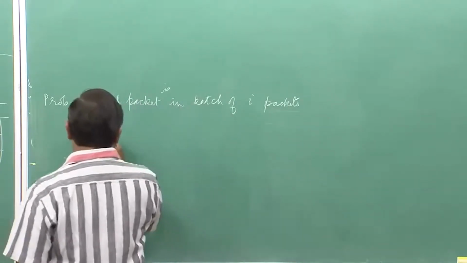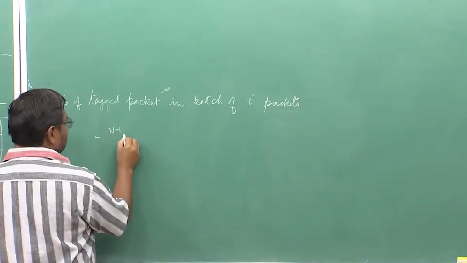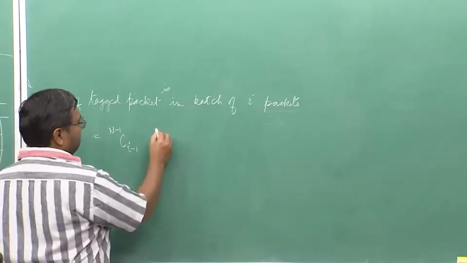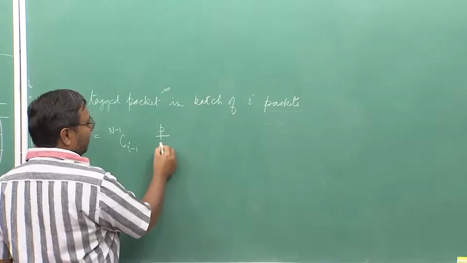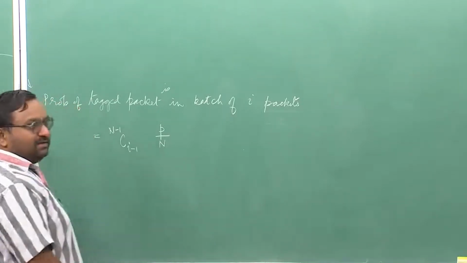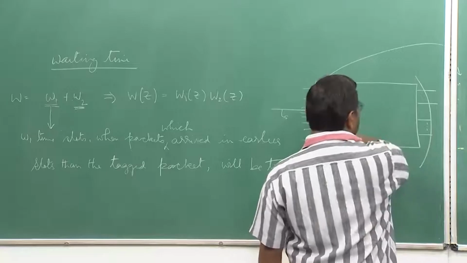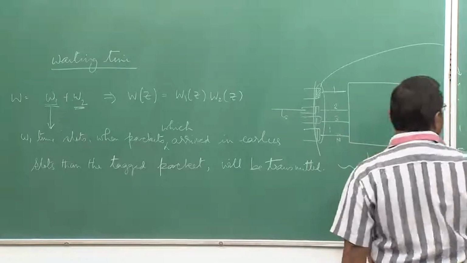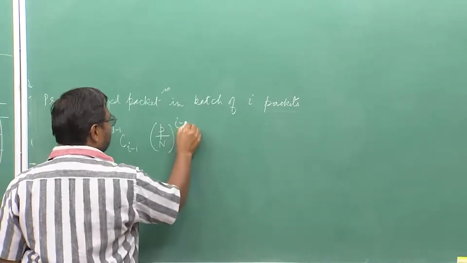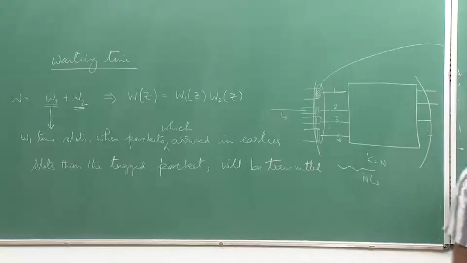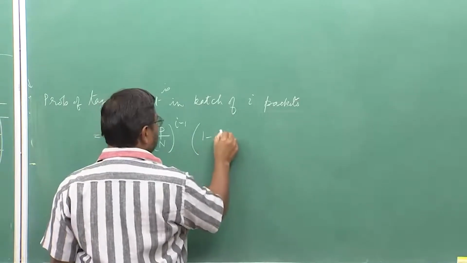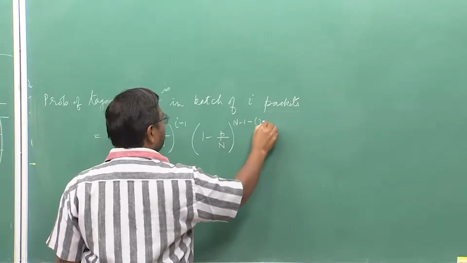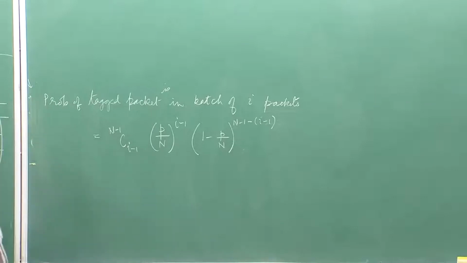So, I have n minus 1 C I minus 1, and since the arrival of a packet is p, it is directed to an outgoing port with probability p by n. A packet out of these n minus 1 being directed to this port has probability p by n. There are I minus 1 such packets being directed, and the remaining are not being directed to this port, that is n minus 1 minus I minus 1. That will be this probability.